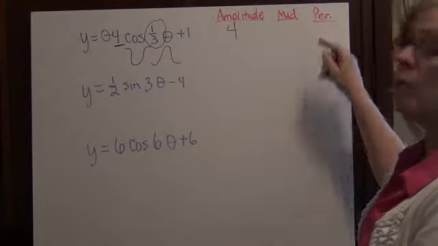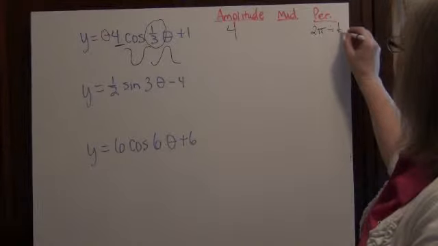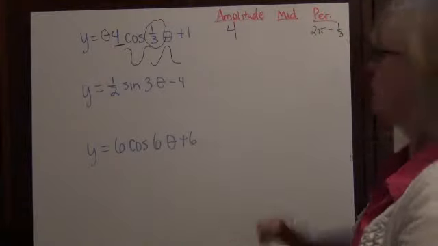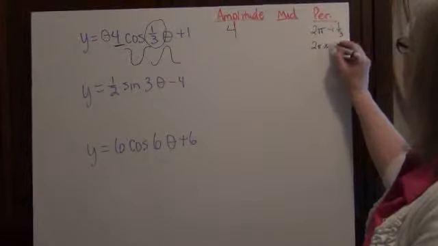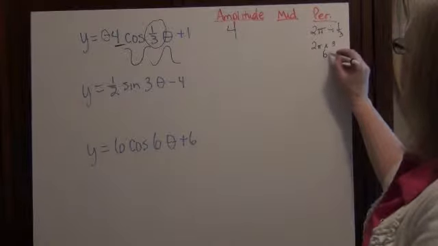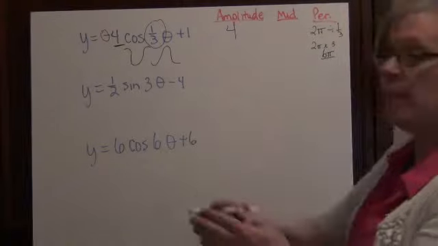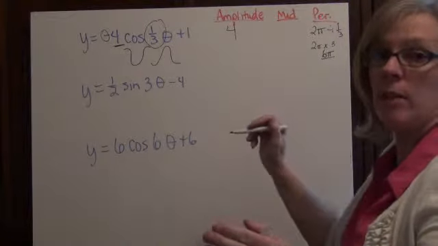Take a look here. Okay? The period is going to be 2 pi divided by 1/3. So you're going to have to get used to thinking about that, flipping a fraction. 2 pi divided by 1/3 is the same as 2 pi times 3, so the period is 6 pi. And that means it's going to take 6 pi for me to finish one full cycle of that cosine graph.